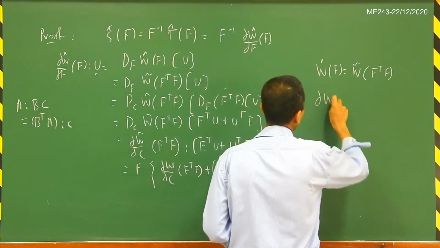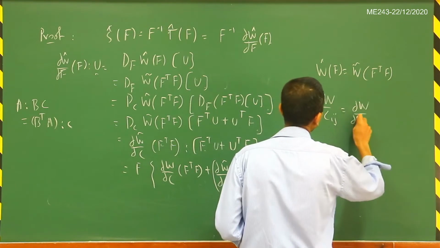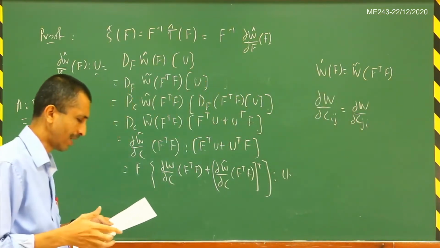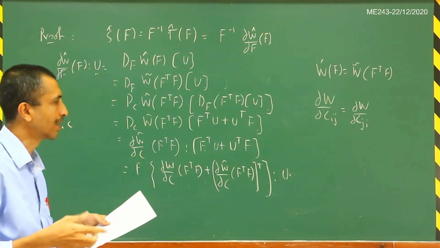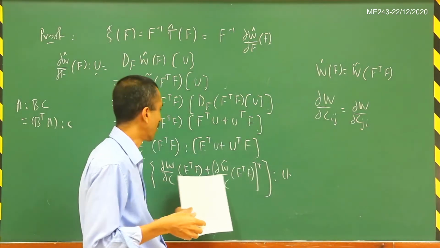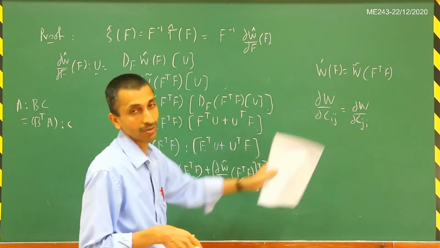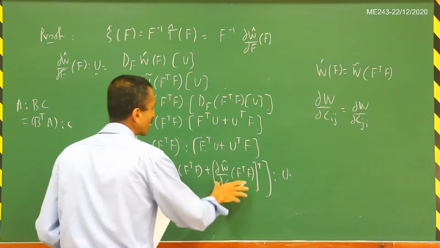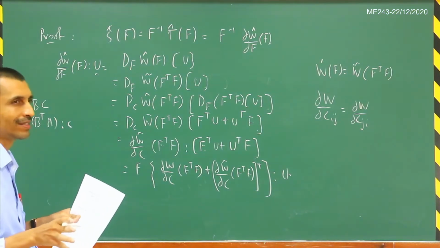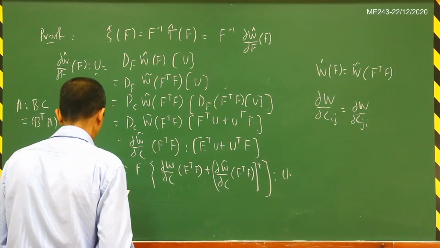Because del W by del C ij is equal to del W by del C ji. That is because C is symmetric. So it is fairly obvious that this transpose, whatever you have written, is going to be the same as this particular object here, because it is a symmetric tensor, because of this particular argument. So that is why we said without loss in generality that we can always assume del W by del C to be symmetric.